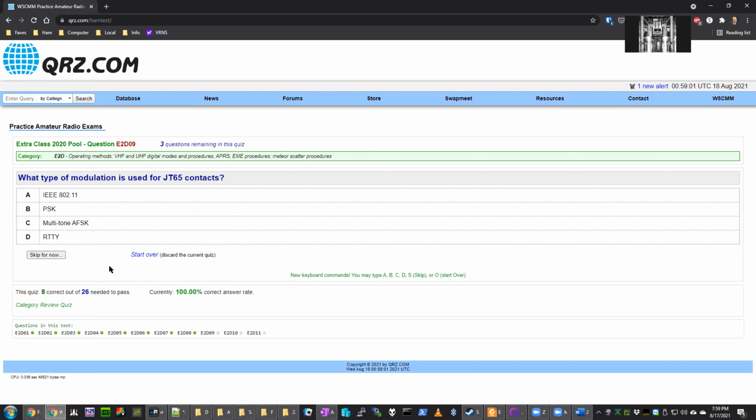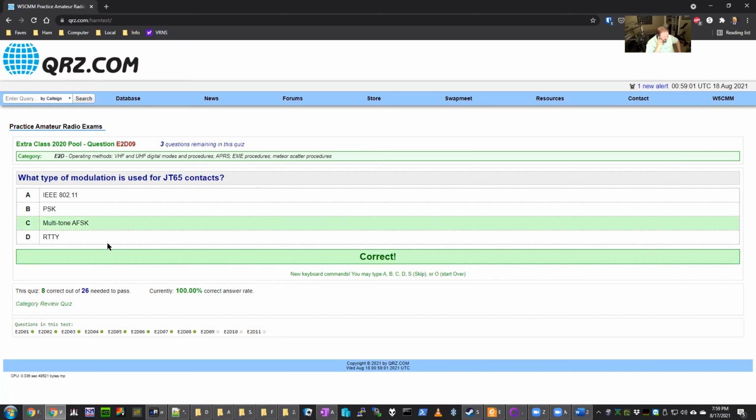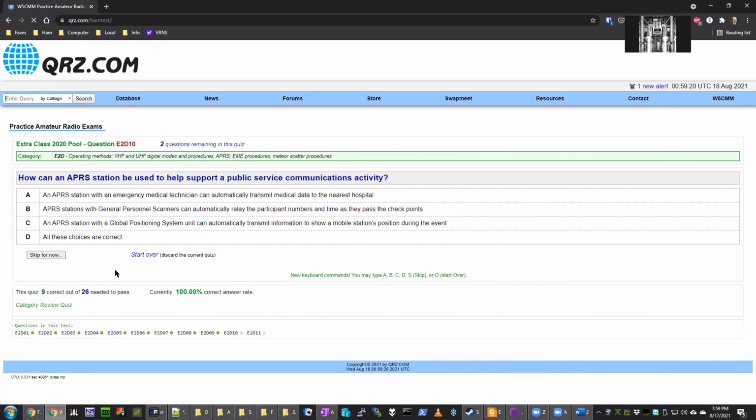What type of modulation is used for JT65 contacts? Is it C? C, Charlie. Yep, C. How can an APRS station be used to help support a public service communications activity?